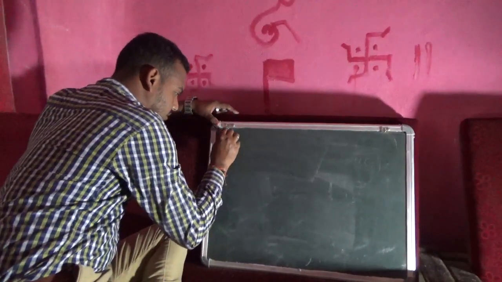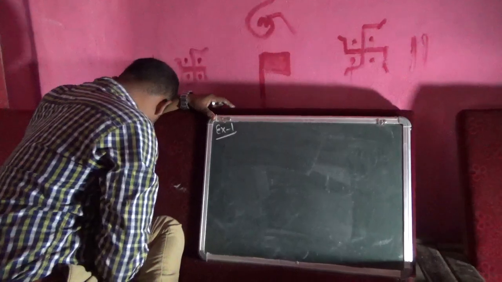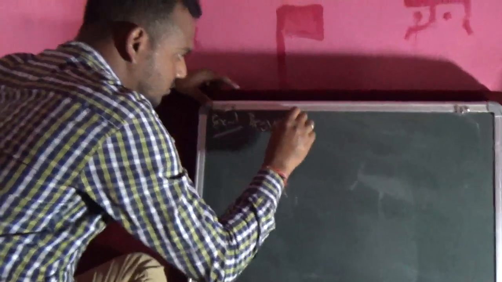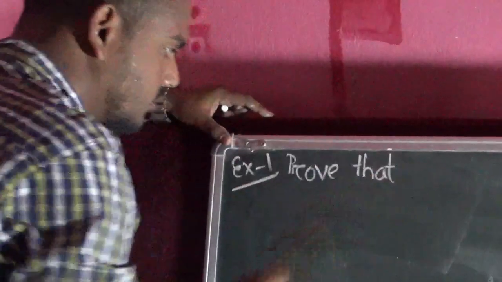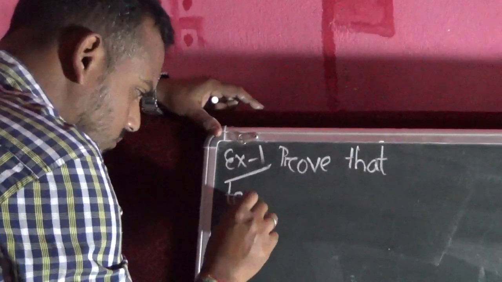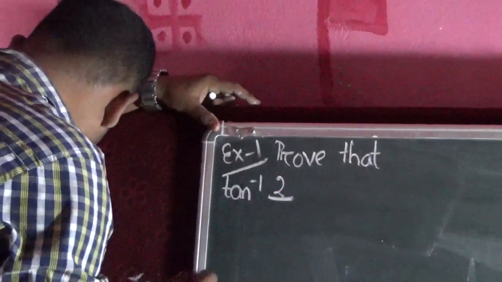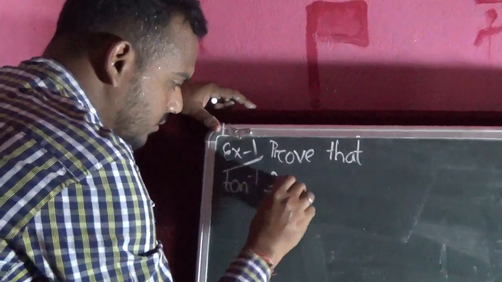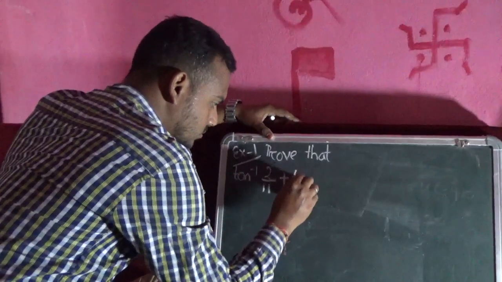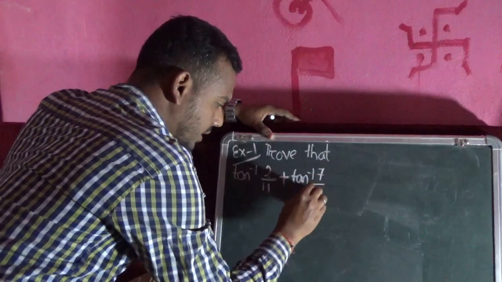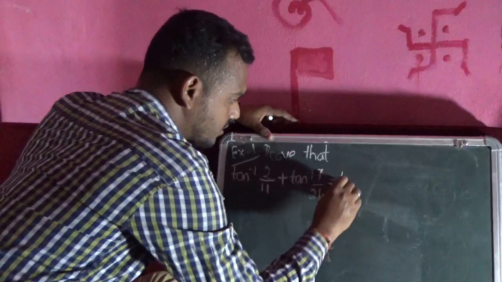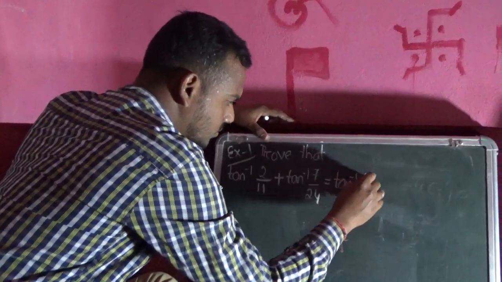Let us take the first example: prove that tan inverse 2 by 11 plus tan inverse 7 by 24 equals tan inverse 1 by 2.